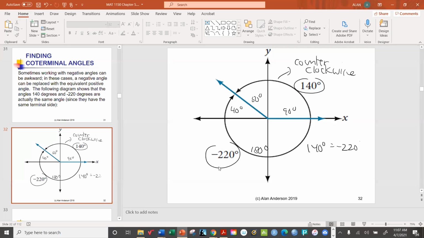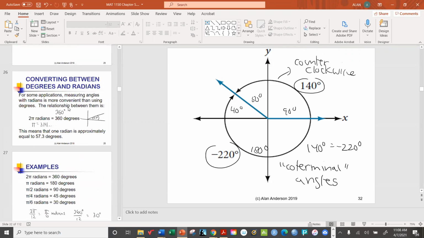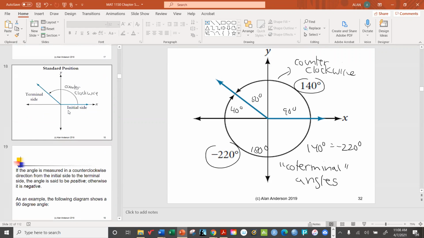We just arrived there from different directions, and these are referred to as coterminal angles. And here's why, because remember, we defined in the beginning, these rays have a special name. The one that you started out with is called the initial side, and that's true for both of these.